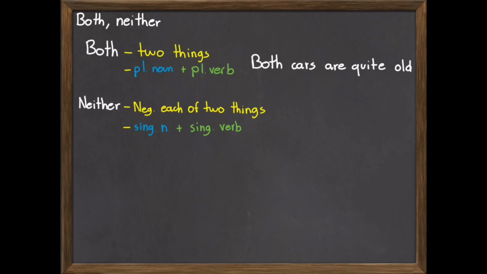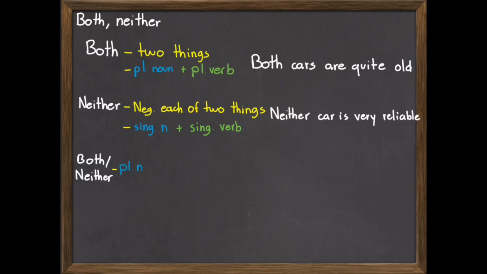In the case of both, we're talking about the two things at the same time. In the case of neither, we're specifically talking about each of those two things. We use the singular noun and a singular verb for this phrase, such as neither car is very reliable. We're being specific about both of the cars.